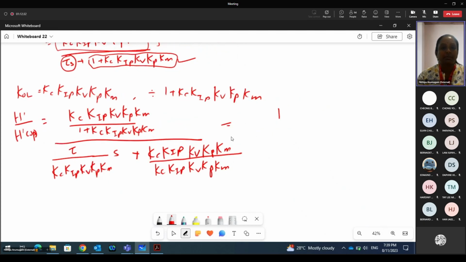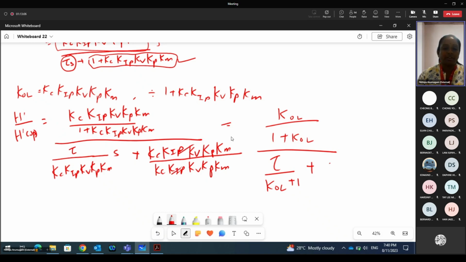So this can be expressed as KOL over 1 plus KOL, over tau over KOL plus 1 times S plus 1, because this term cancels out and leaves 1 only.